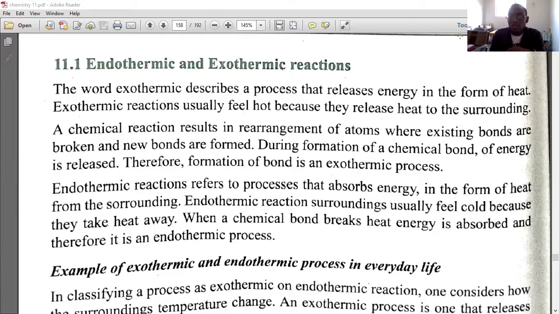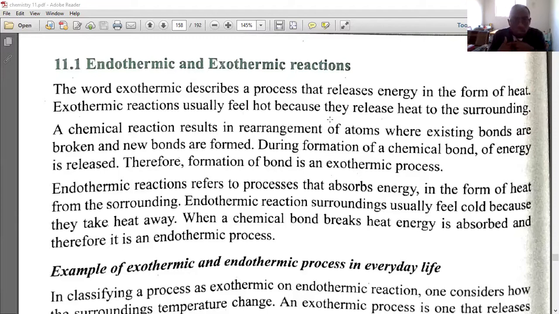The word exothermic describes a process that releases energy in the form of heat. So energy is liberated in the form of heat. Exothermic reactions usually feel hot because they release heat to the surroundings. So in an exothermic reaction, we tend to feel the heat from outside.